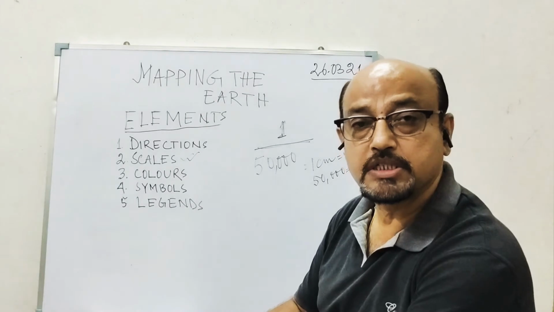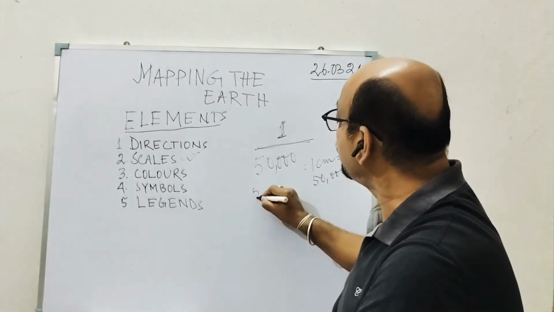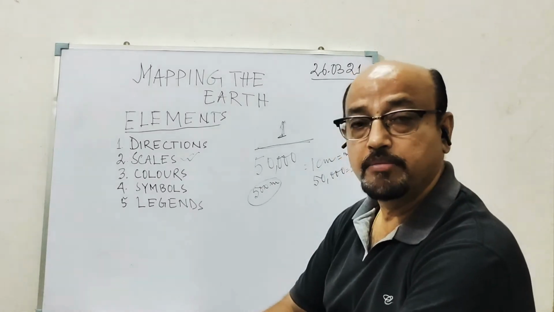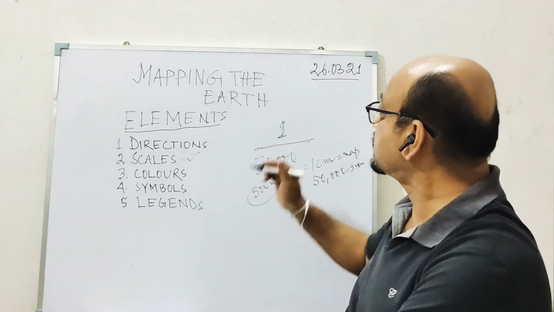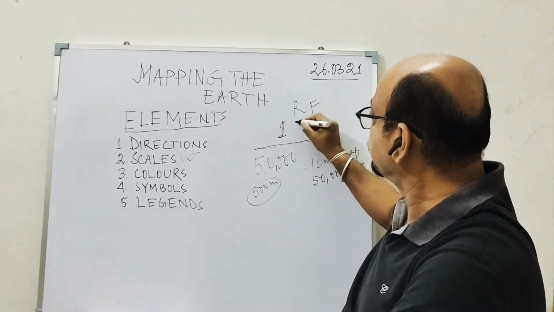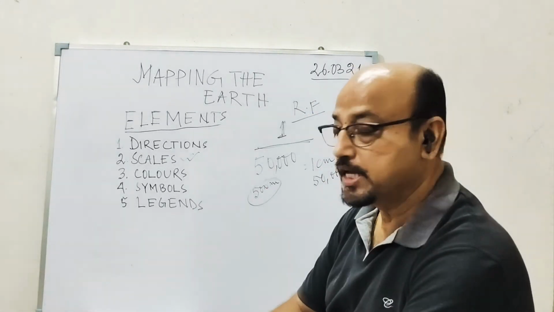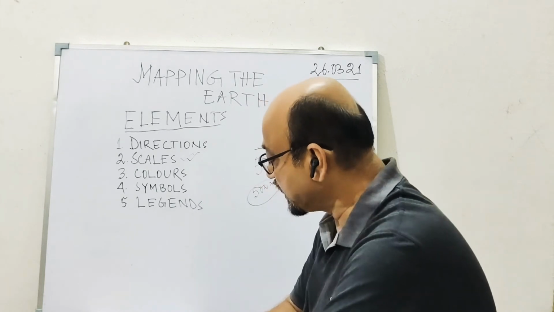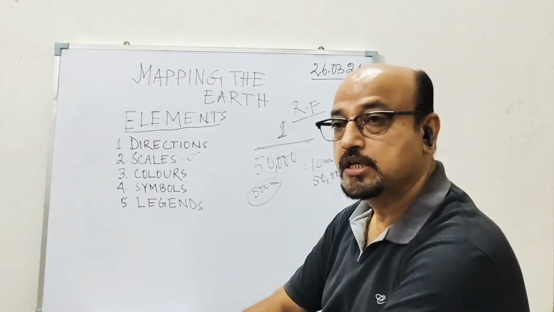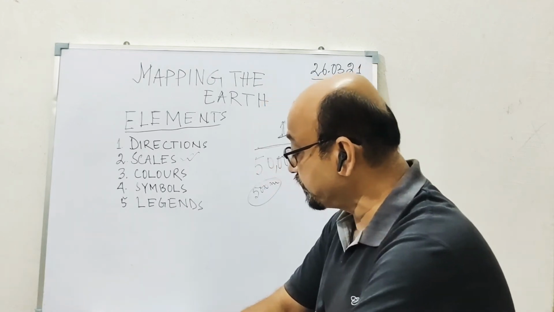So 50,000 centimeters means 500 meters. This is a scale. This type of scale is known as the representative fraction. So to find out the distance between two places, we can do it with the help of the ratio.